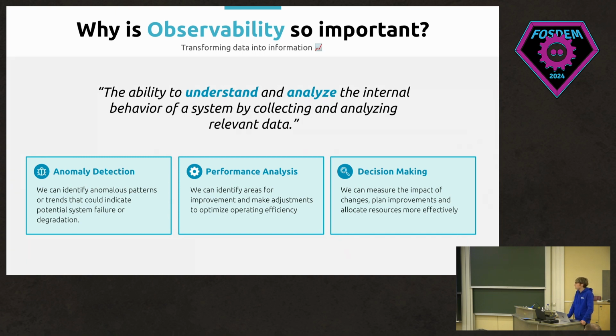And finally, it's very useful for decision making. So we can see the impact of the change that we made in our system in a very, very easy way. As the saying goes, information is power. So observability is very, very important nowadays.